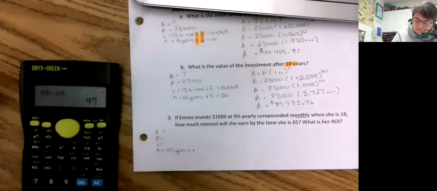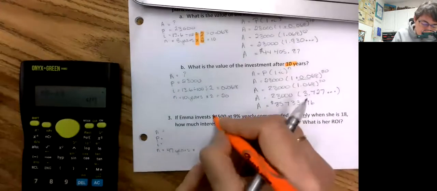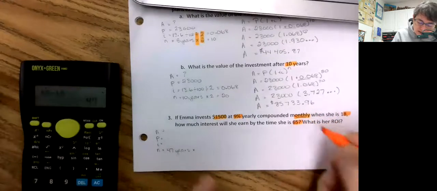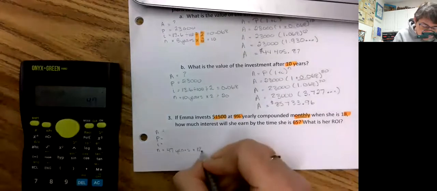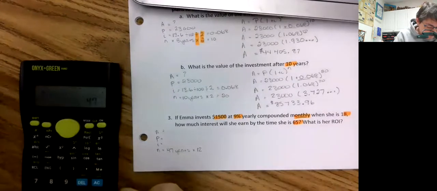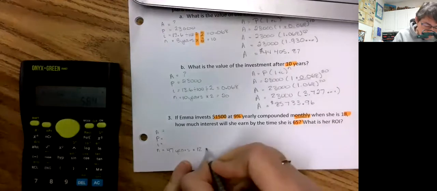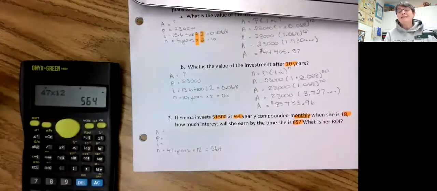So 47 years times 12 months. Forgot to do my marking. 1,500, 9%, monthly, 18 and 65. So 47 times 12 is 564. That seems insane, but she let it sit for 47 years.